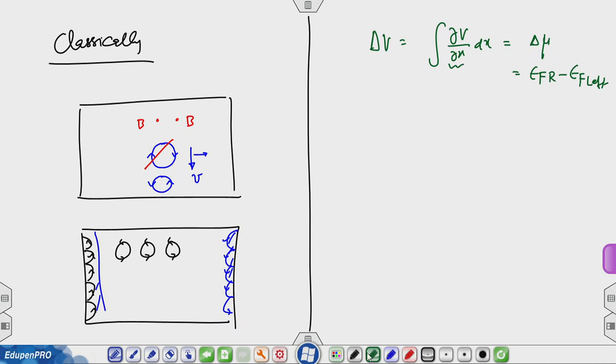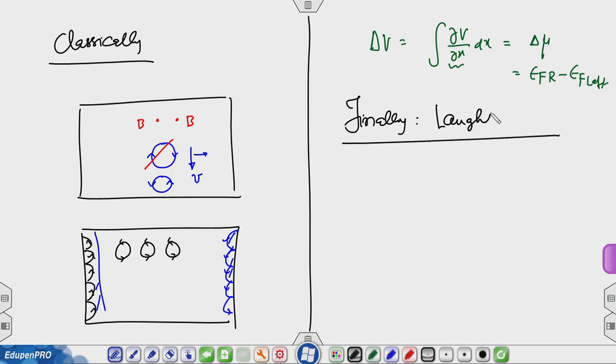And finally, I want to give you a beautiful argument by Laughlin. This is a 2-page paper and is among the 50 most influential papers, but it explains this through the gauge invariance of the system.